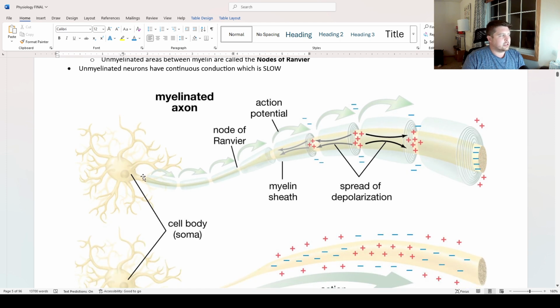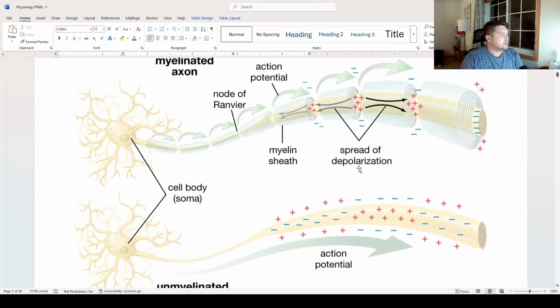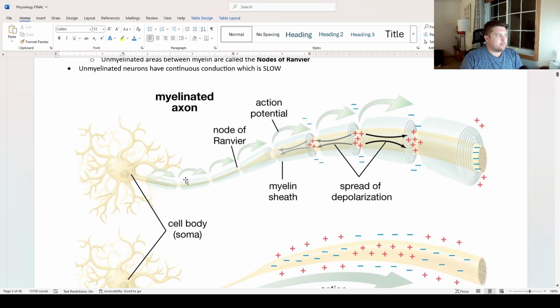So literally, the signal is jumping between these spaces of myelin. When we have a myelinated axon, we don't have to depolarize and carry an action potential across the entire membrane, we just have to do parts because we can jump. It's much quicker when it's myelinated than when it's non-myelinated.